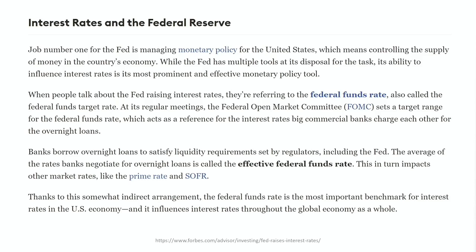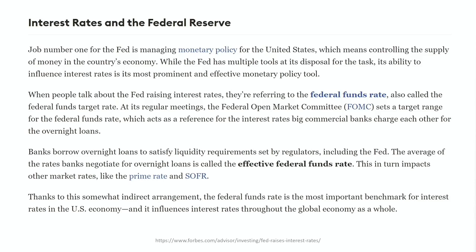And then what trickles down from there is really what we're going to talk about going forward. So banks borrow overnight loans to satisfy liquidity requirements set by regulators. The average of the rates banks negotiate for overnight loans is the effective federal funds rate. And it impacts other market rates, right? It says here like the prime rate and the SOFR.